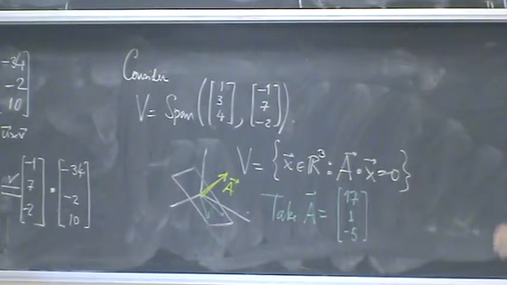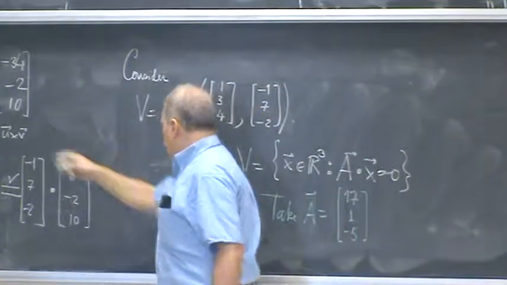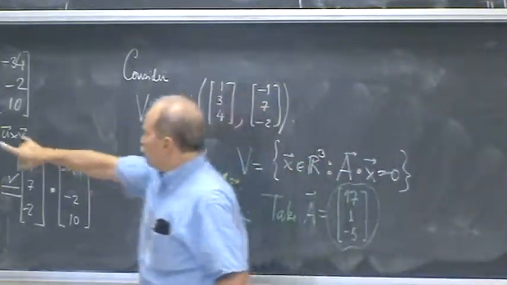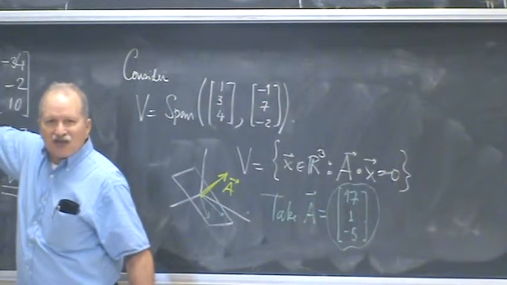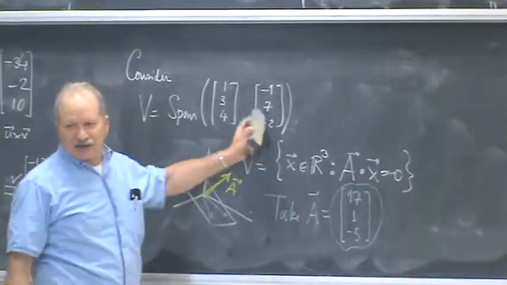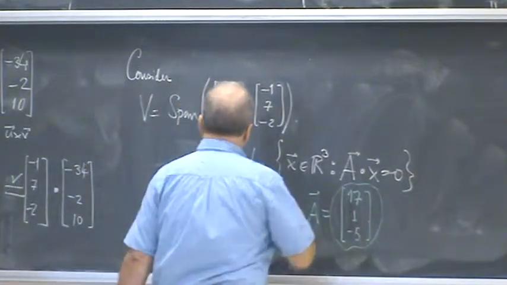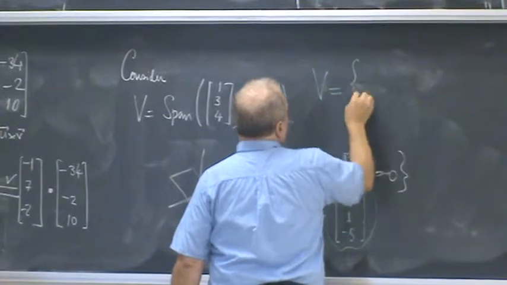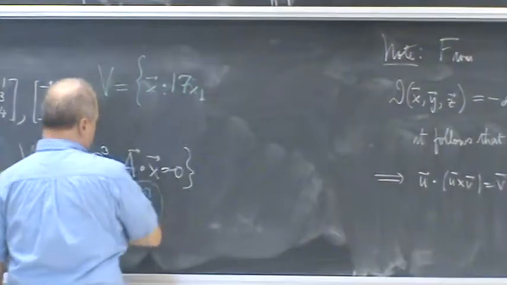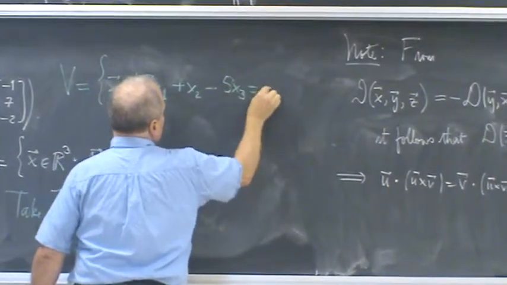You could take any non-zero multiple of this vector you wanted. But this is a vector that by construction is orthogonal to both these vectors. Therefore, by your homework problem, it's orthogonal to any linear combination of these vectors. So that means this plane is the set of vectors x satisfying the equation 17x1 plus x2 minus 5x3 equals 0.